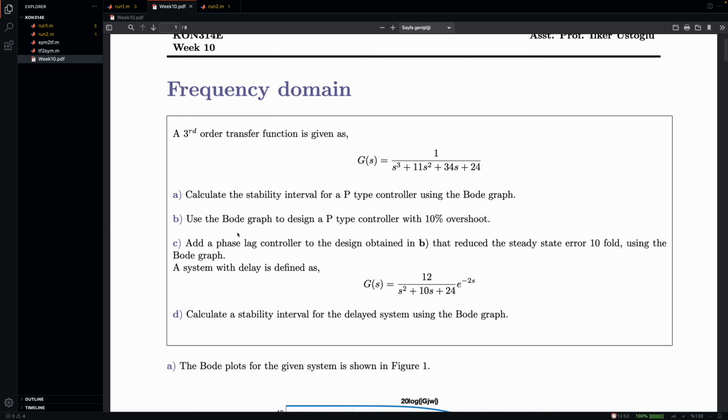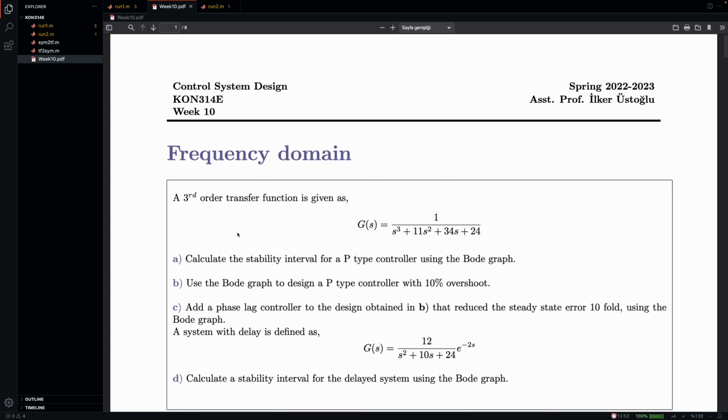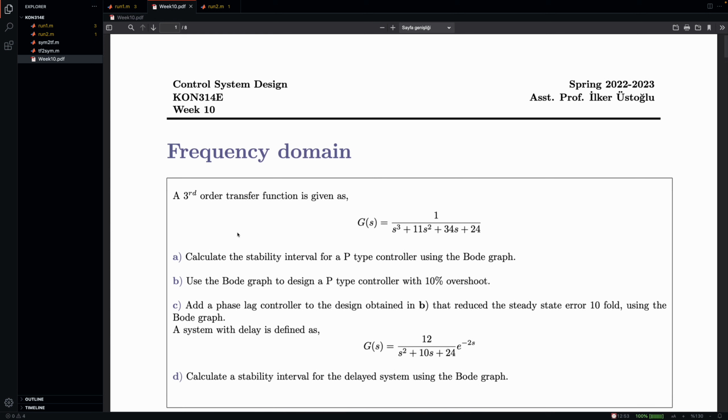So yeah, it is quite important to verify yourself, because we don't have that many questions with their solutions provided to you. A good way of overcoming that problem is to solve it with two different methods, and it would be a good practice for exams and overall to learn the frequency domain.